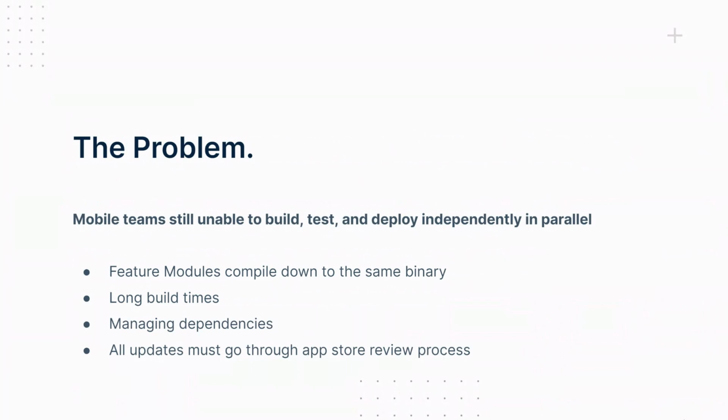So as a result, while you can iterate and test in development locally, you're going to end up with longer build times because, unlike web apps, you have to combine and build that single app binary. Furthermore, you might have issues with managing your dependencies.